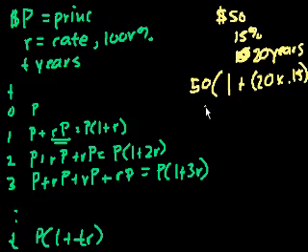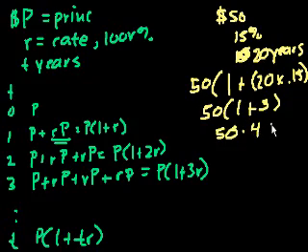And that's equal to $50 times 1 plus, what's 20 times 0.15? That's 3. So it's 50 times 4, which is equal to $200 to borrow it for 20 years. So $50 at 15% for 20 years results in a $200 payment at the end. So this was simple interest, and this was the formula for it.